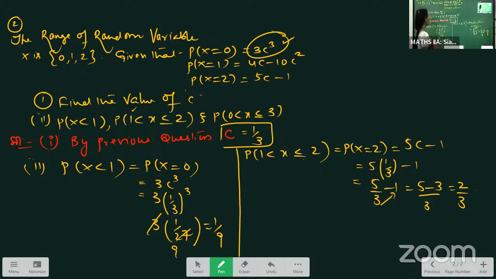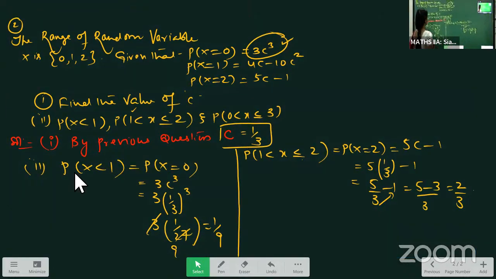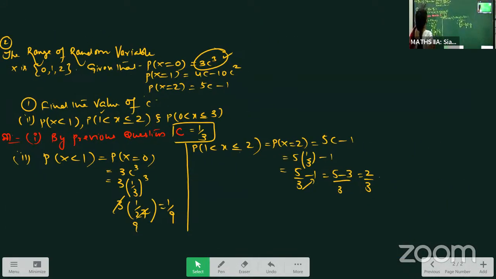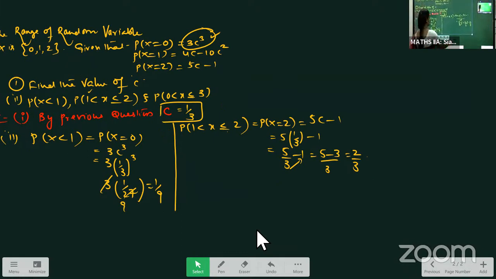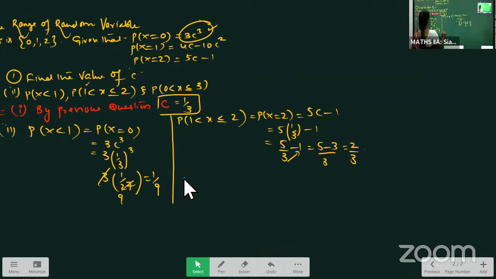Now coming to P of 0 less than x less than or equal to 3. The values in between 0 and 3, including 3. So what values are there?